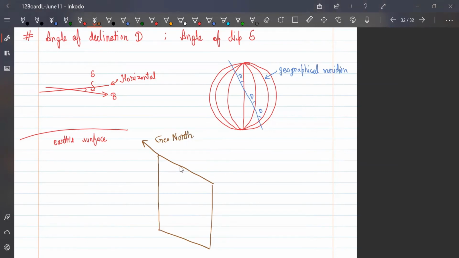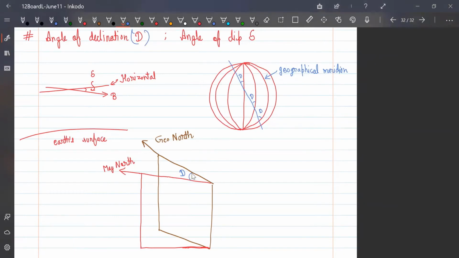Okay, so this is horizontal to the surface, and I have another plane which is pointing towards magnetic north. I'll draw this plane so it will look like this. So the angle between the geographical north and magnetic north, that angle is angle of declination, capital D.